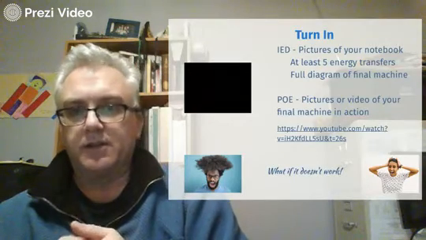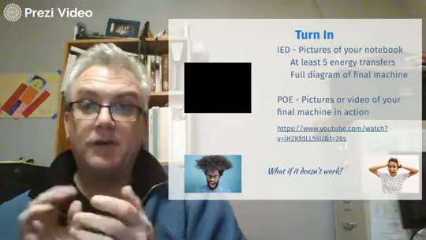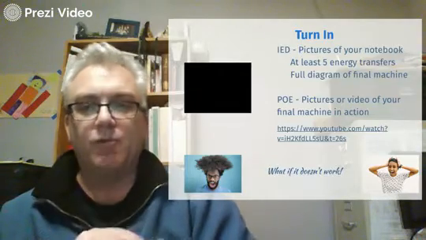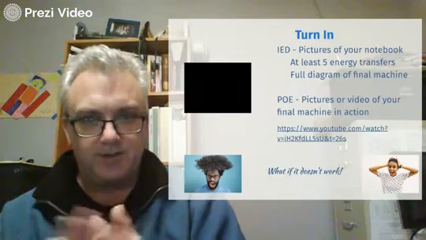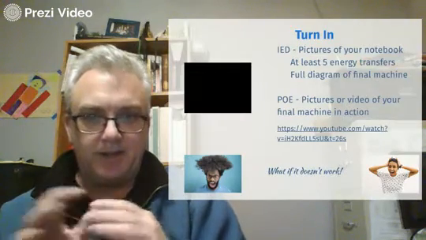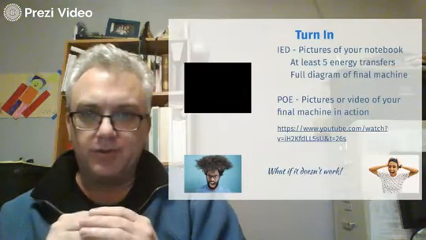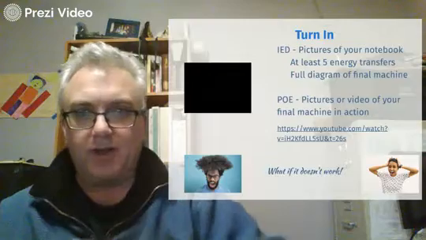And then what if it doesn't work? It was very frustrating. As you'll see in my video, I worked on it about 5 hours, but I had a lot of energy transfers. I had 17 energy transfers, and it took me 18 tries to get it right. And you might get to a point where yours just doesn't work. If it's just not working, take a couple energy transfers out and try it again.